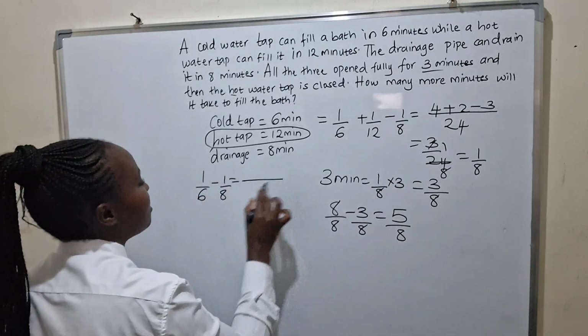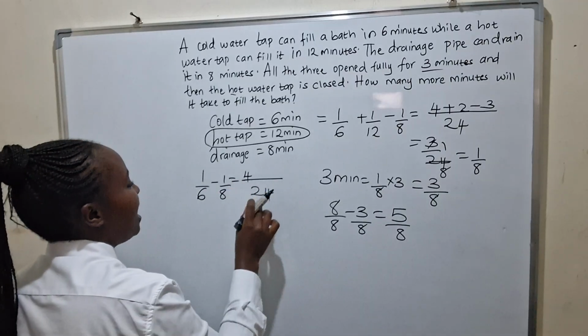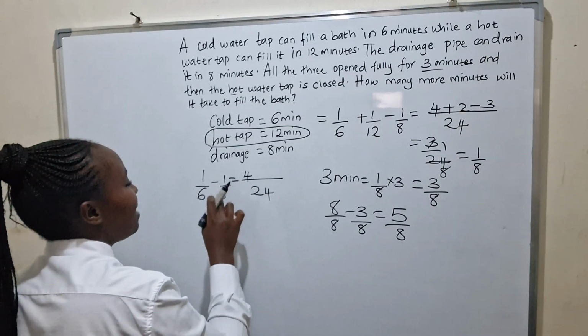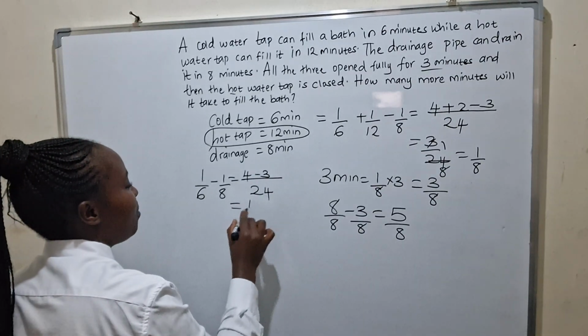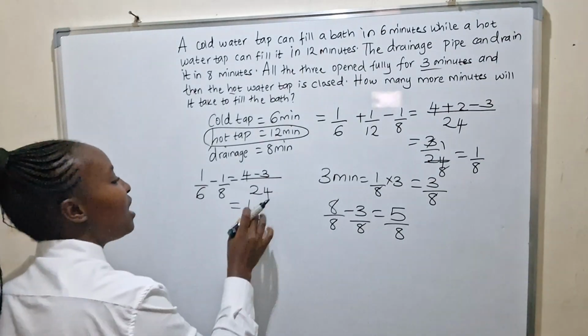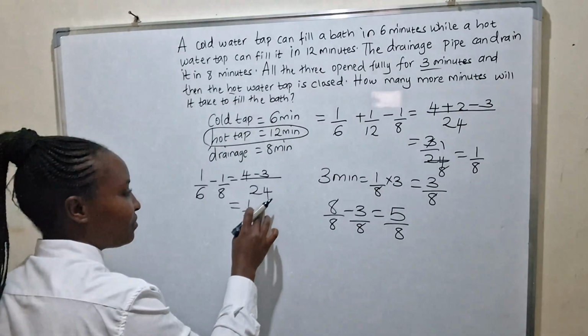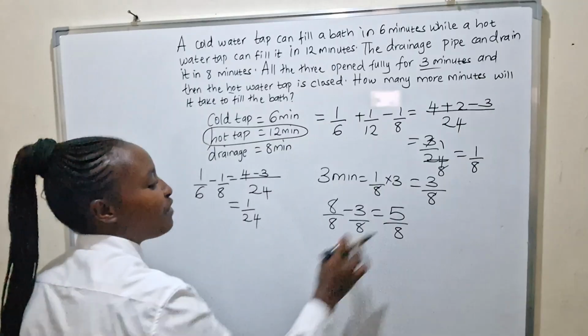The LCM here is also 24. So 24 divided by 6 is 4, and 24 divided by 8 is 3. So you subtract 3 and you'll get 1/24, right?